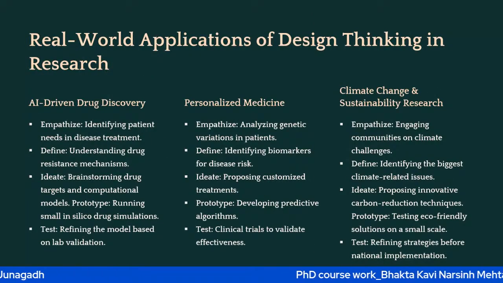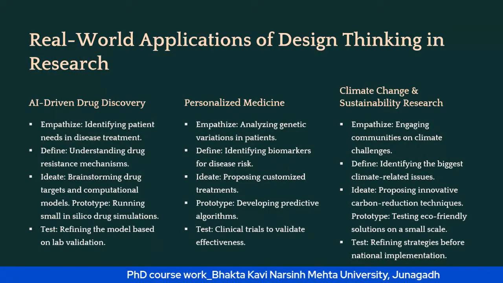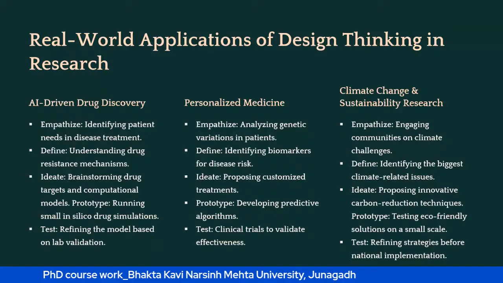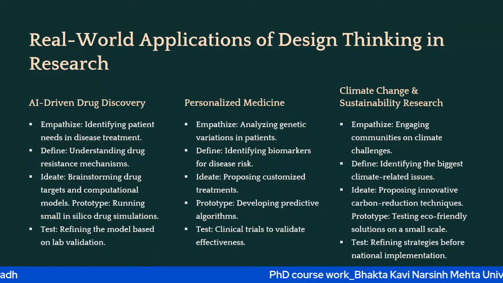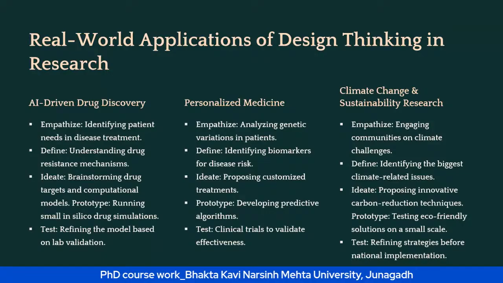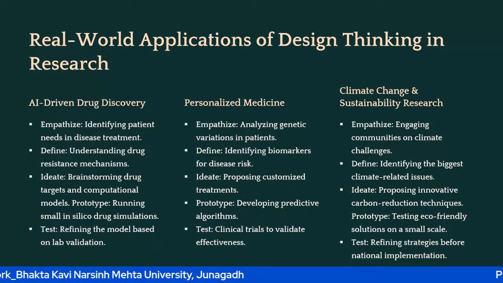Now again, suppose you are going for research design with the help of AI. You can just see a simple example over here. Suppose I want to work with AI-driven drug discovery with the help of the computer. What I have to empathize is to identify the patient need in disease treatment. What I have to define is to understand the drug resistance mechanism.